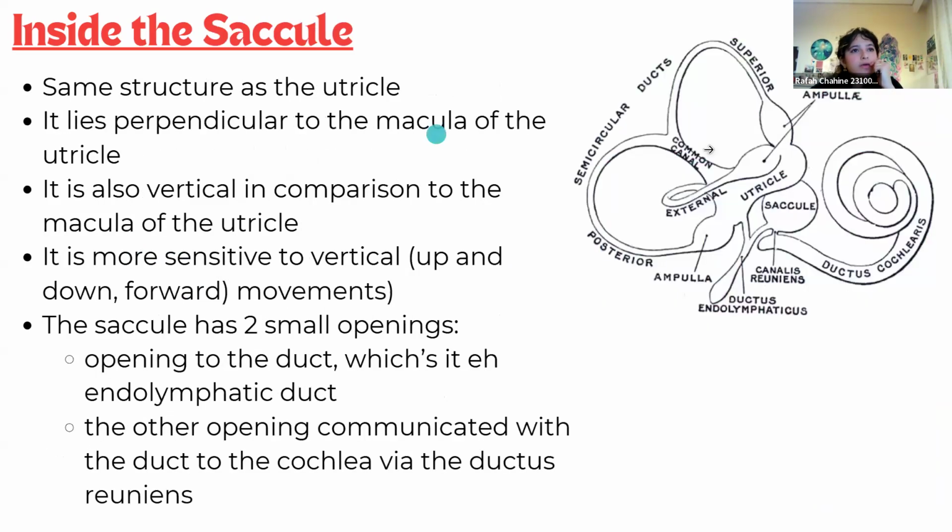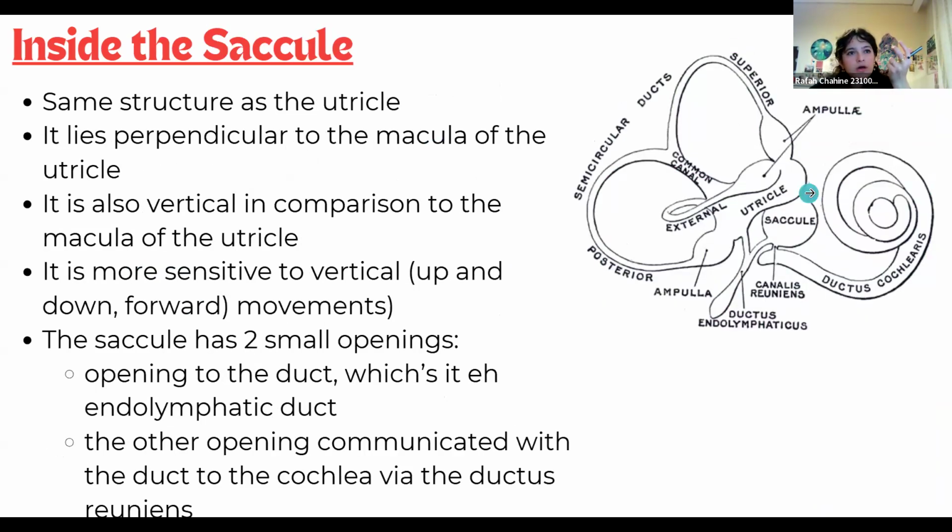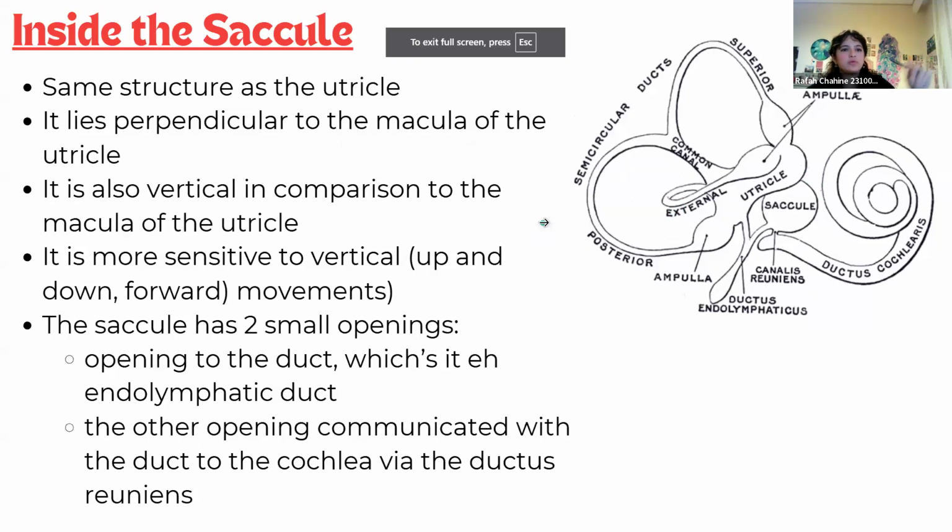Now, moving on to the saccule. In the saccule, same structure as the utricle, but this time it's vertical, and it is more sensitive to up and down movements. And the saccule actually has two small openings, hence why I use this picture, because the two small openings are very clear.